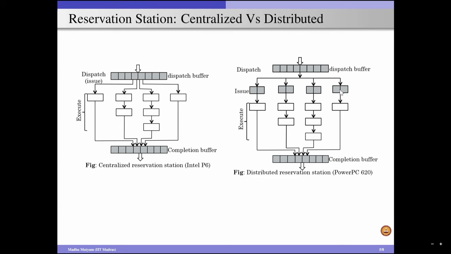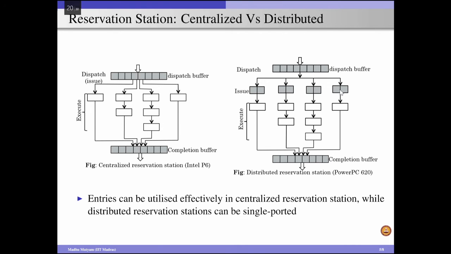Again, because computer architecture is a design space exploration, we can come up with an efficient reservation station which does not underutilize the space, and at the same time does not consume significant access latency and area overhead. As I mentioned earlier, the centralized reservation station can utilize the space efficiently, but the distributed reservation station will have low access latency because of the single ported design we consider.